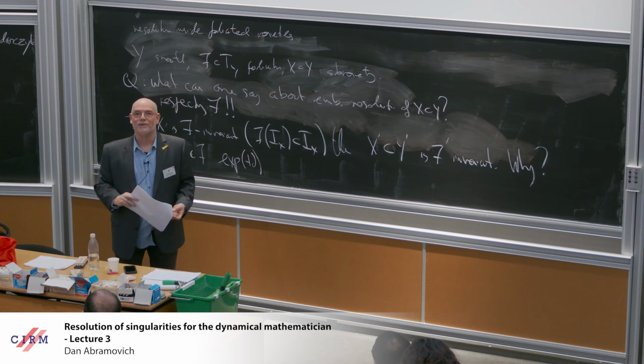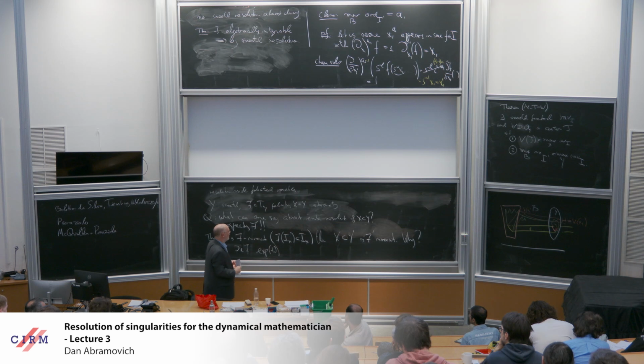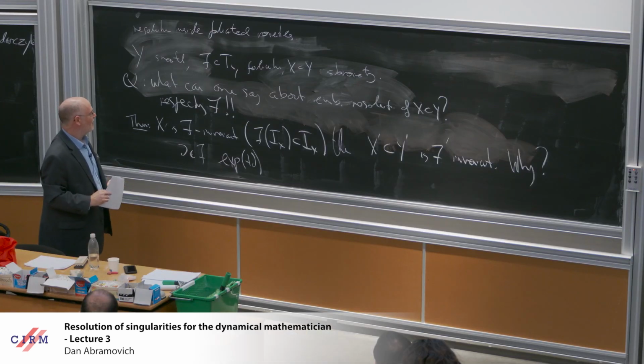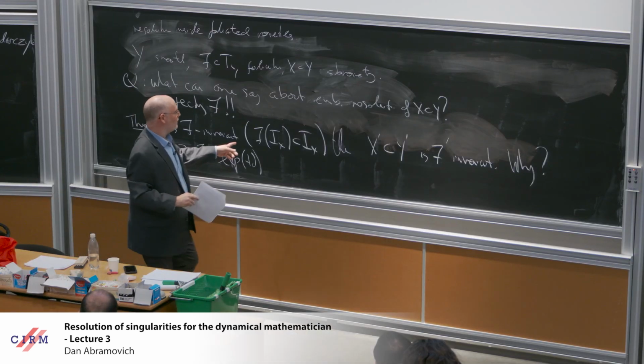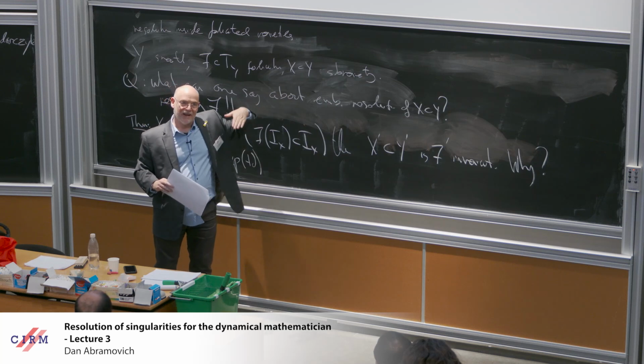I'm assuming that X contains singular. I allow X to contain singular. I'm allowing F invariant to just mean F invariant, so I'm allowing it to be in the singular locus of F, just tangent.